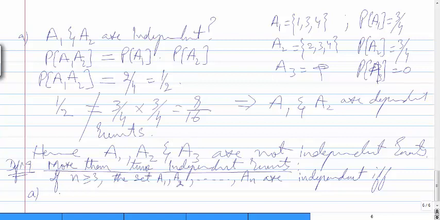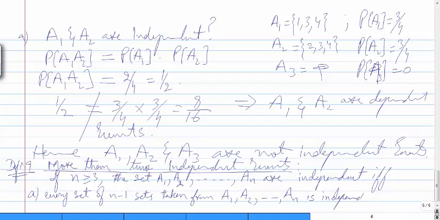one part says that every set of n minus 1 sets taken from A1, A2 up to An is independent.